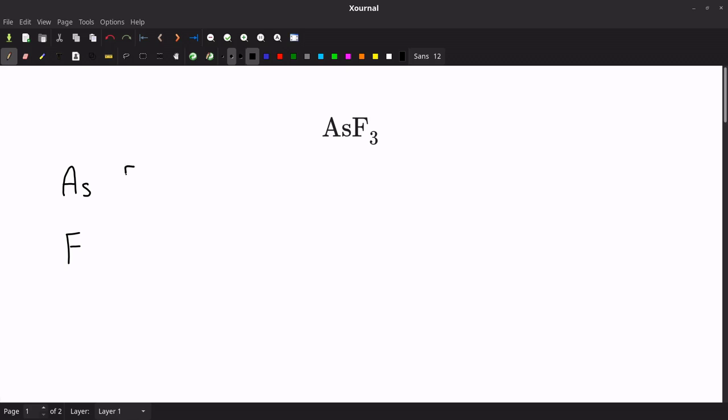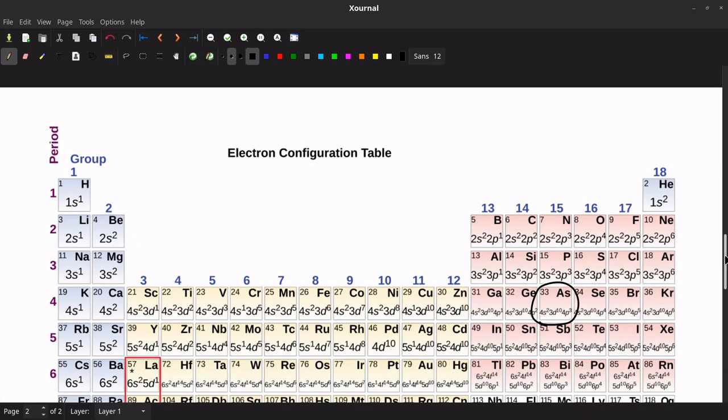So we come up here and write out our argon core, 4s2, 3d10, 4p3. We come down here and just double check ourselves to make sure that we're right.